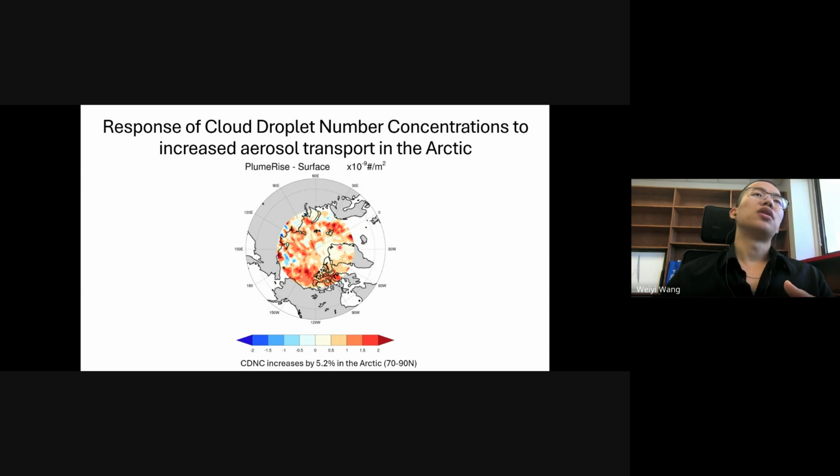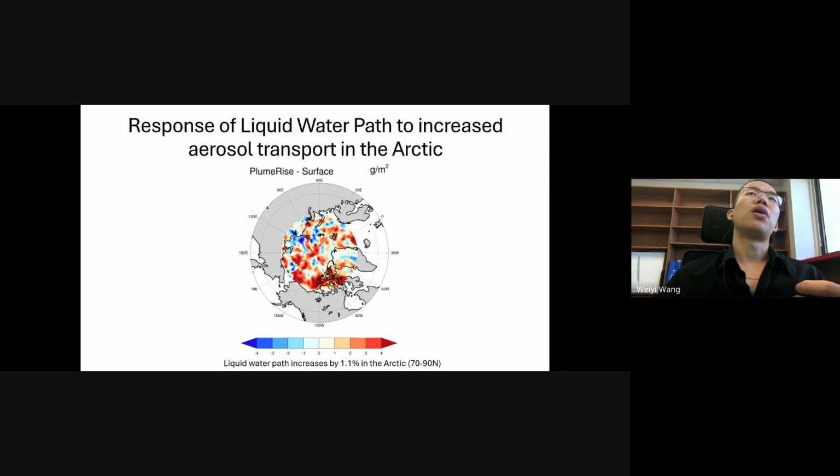This panel shows the response of column-integrated cloud droplet number concentrations to the increased aerosol concentrations in the Arctic. The cloud droplet number concentrations increased by 5% in the Arctic due to the plume rise. And the liquid water path can increase by about 1% in the Arctic.